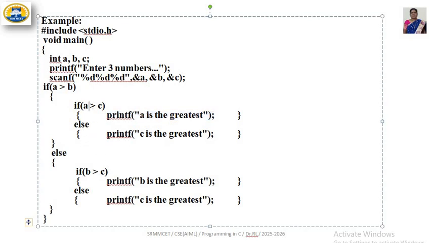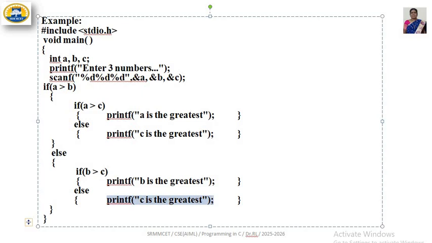If it is false, the else part statement printf C is the greatest is executed. Or, if A greater than B is false, its else part is executed: if B greater than C, and if it is true, printf B is the greatest is executed, else printf C is the greatest is executed.